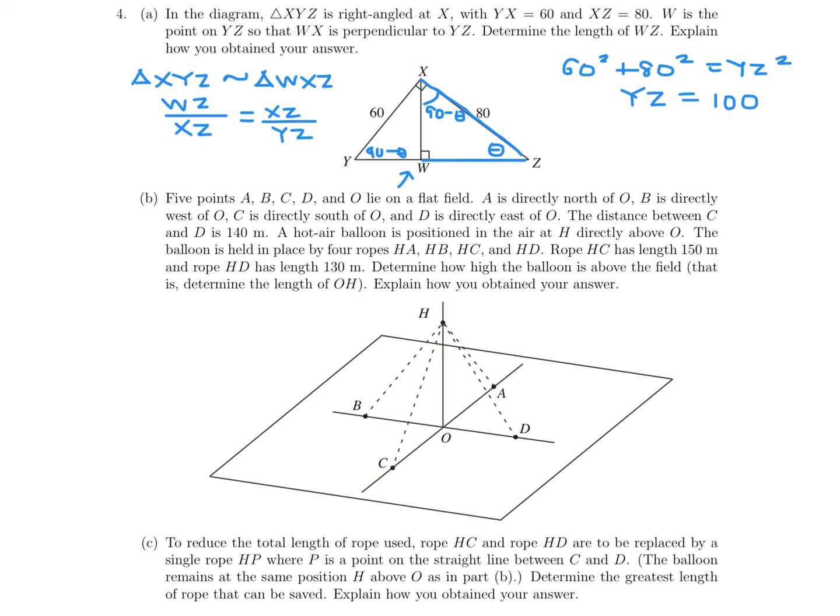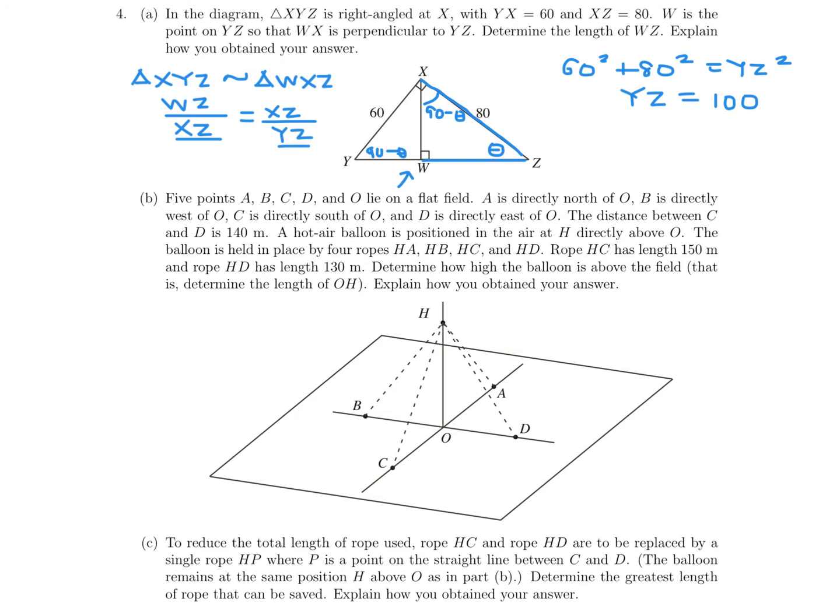And then similarly, XZ here represents the 90 minus theta side on triangle WXY, and YZ represents the 90 minus theta side on triangle XYZ. So that's just how similar triangles are done.